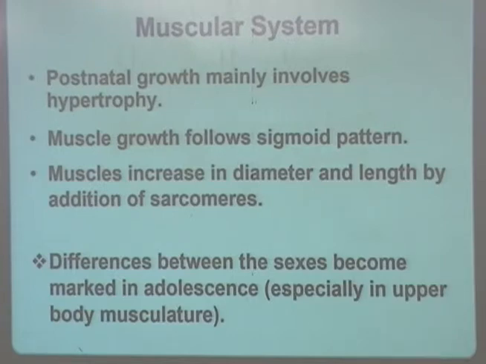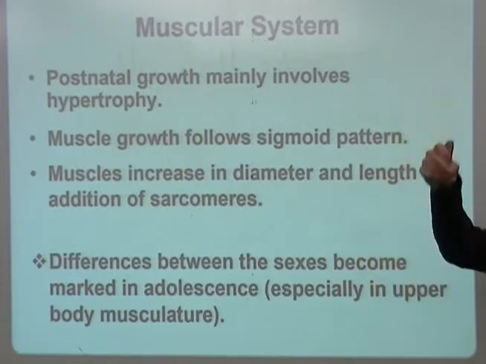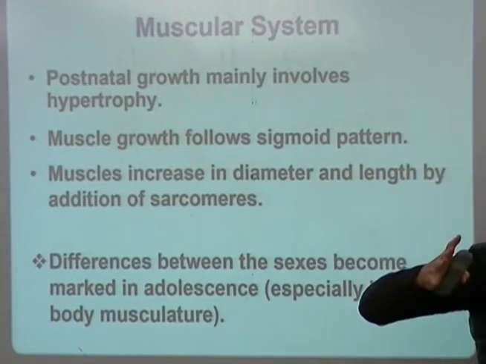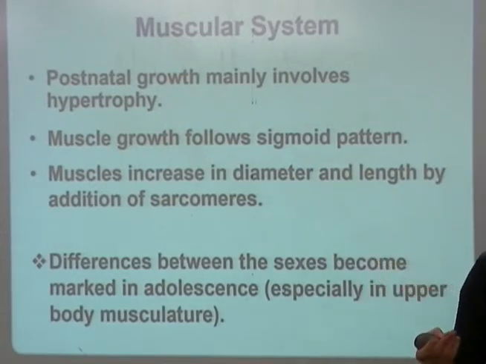So if you haven't done your A&P yet, skeletal muscles are made up of little building units that look like dominoes end on end. Okay? So I can add another domino on the end, or I can make the domino fatter. Okay?